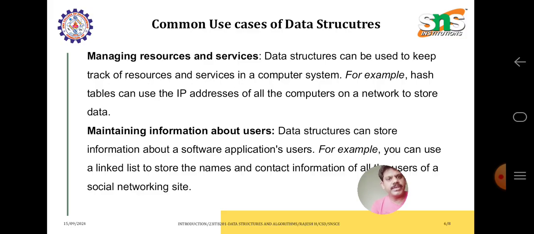Another example is a linked list, like how the contact list of people in a mobile phone is created with the support of a linked list data structure, and also social networking connections on social media like Facebook, LinkedIn, and Twitter, which use the linked list data structure.